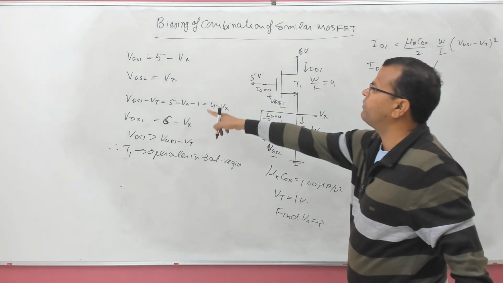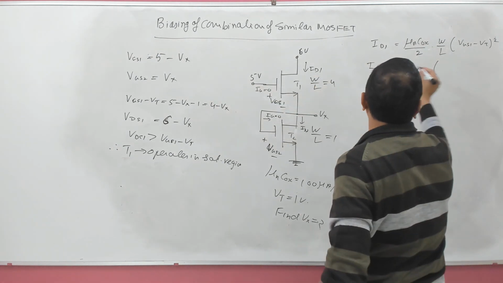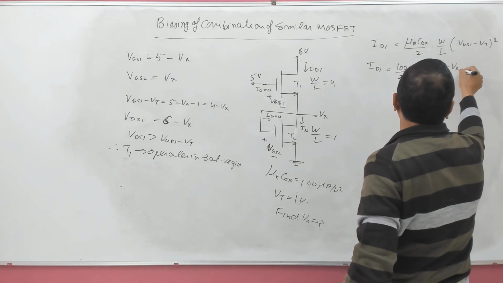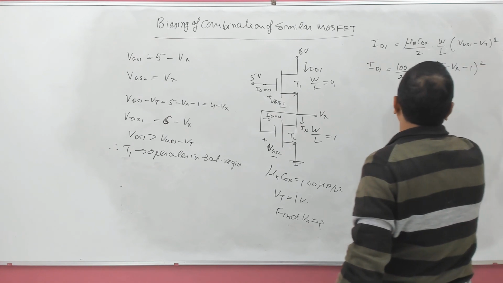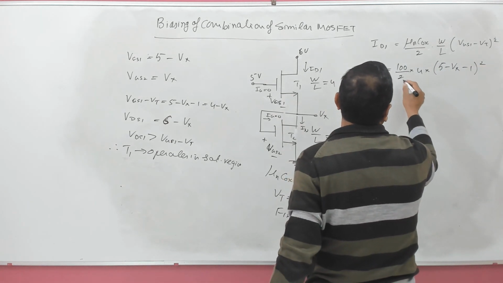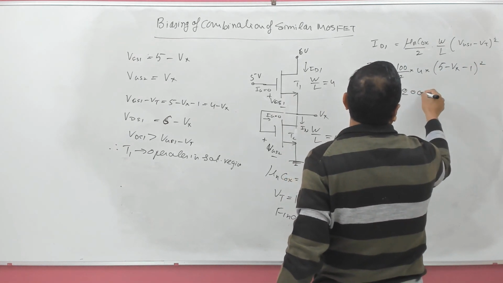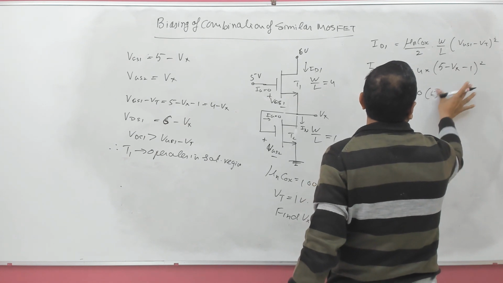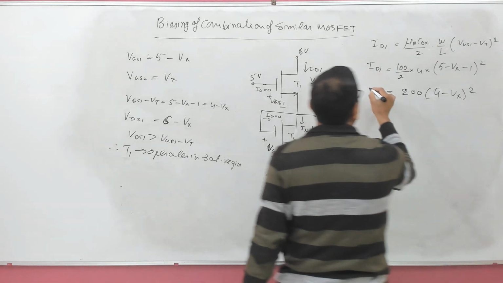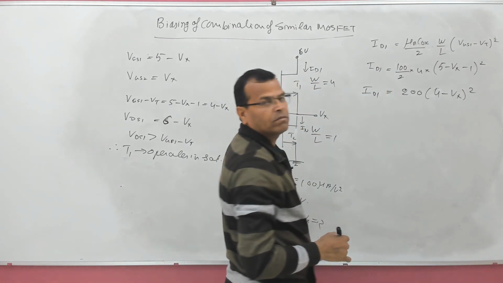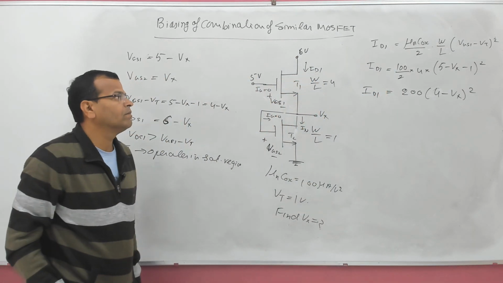You can see that VGS1 is 5 minus Vx. What is threshold voltage? 1. So minus 1 whole square. So this gives 50 times 4, that is 200, and 5 minus 1 is 4, so 4 minus Vx whole square. So that is ID1.